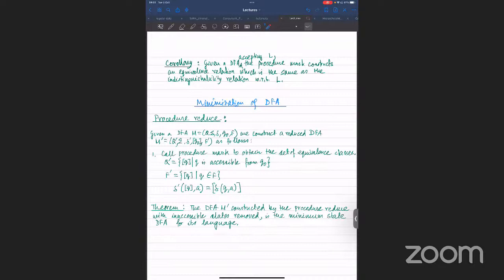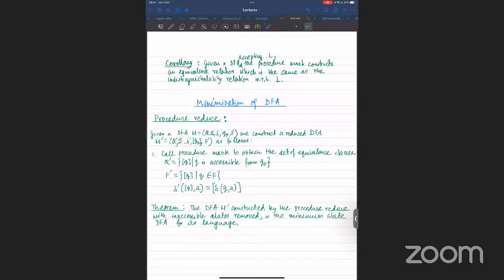If there exists a string which distinguishes a pair of states, then that string is of finite length, and since the mark procedure is sound and complete, it is going to mark those pairs of states had they been distinguishable.